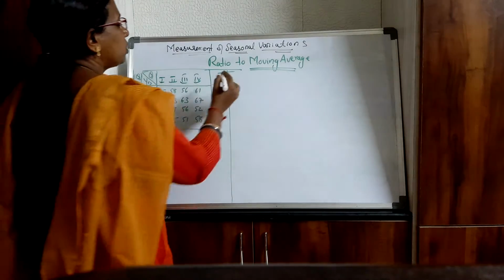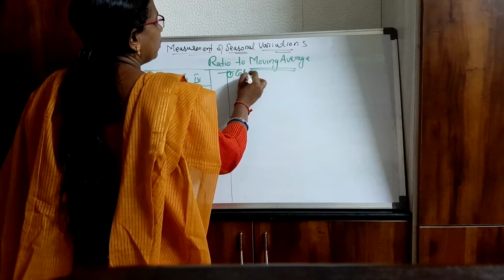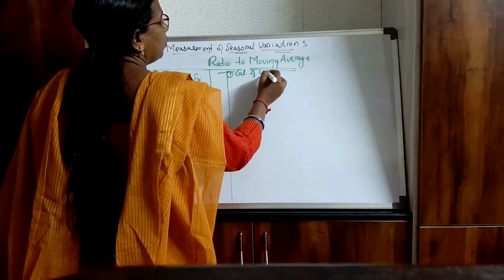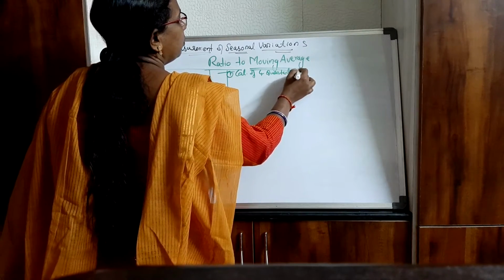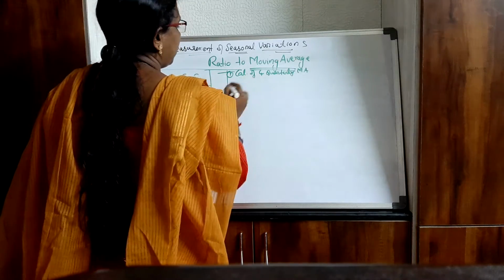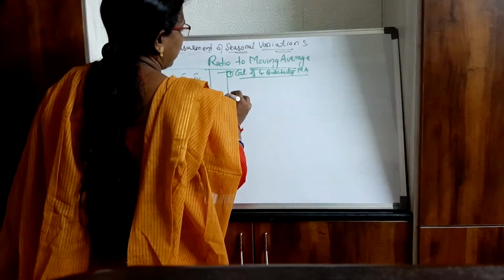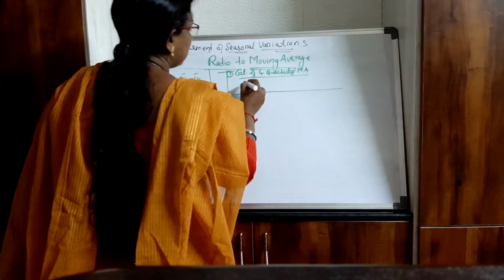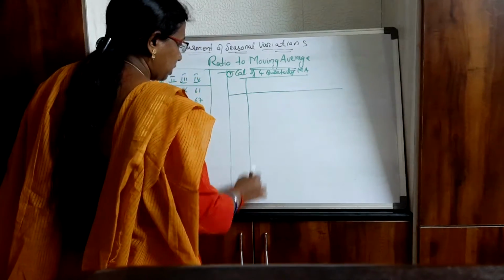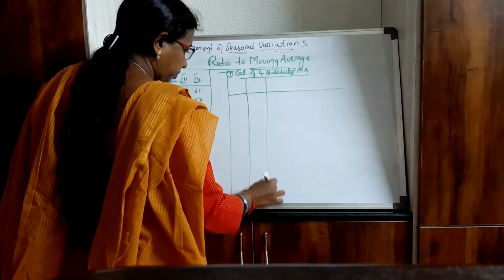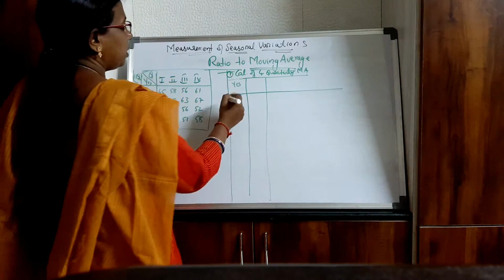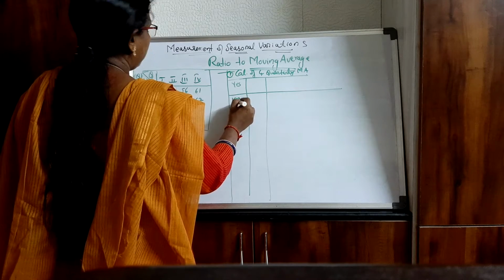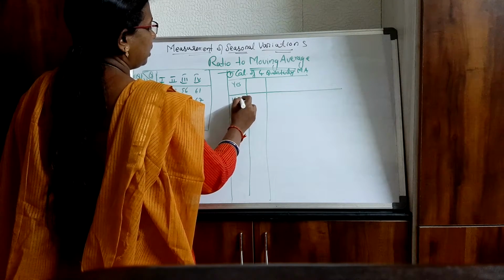So first step is calculation of 4 quarterly moving averages, moving averages I'm writing as MA. To find the 4 quarterly moving average, you have to arrange the data vertically. So here I'll write years. The first year is 1994.